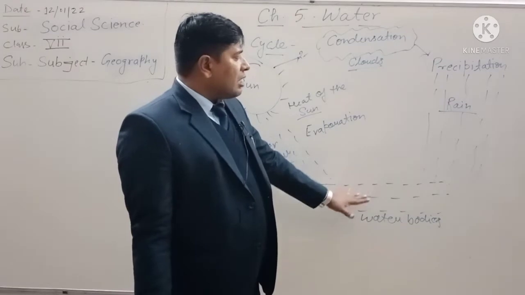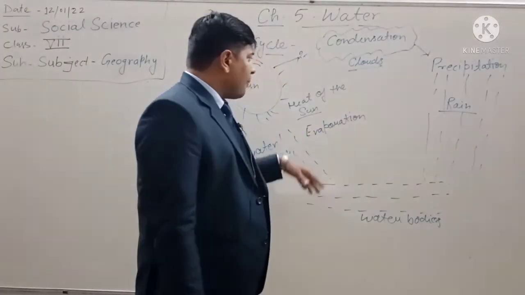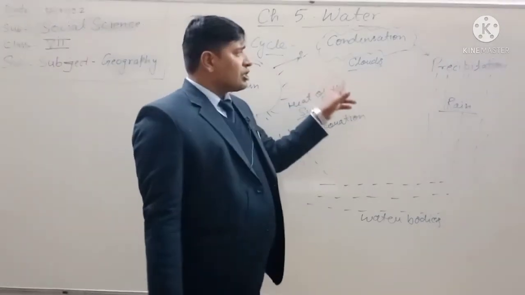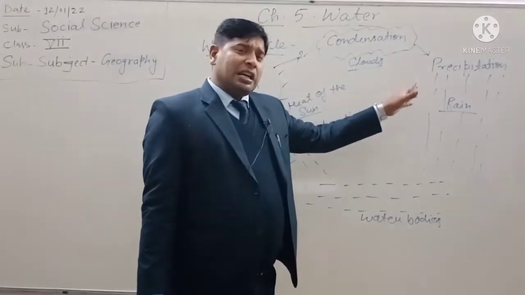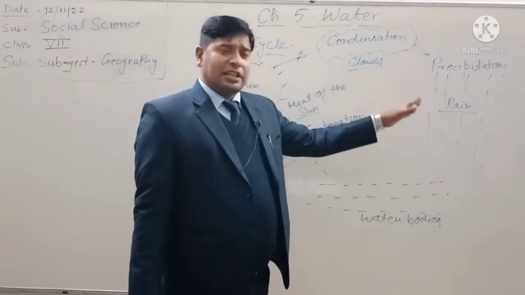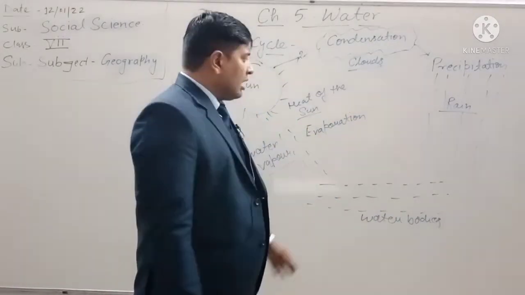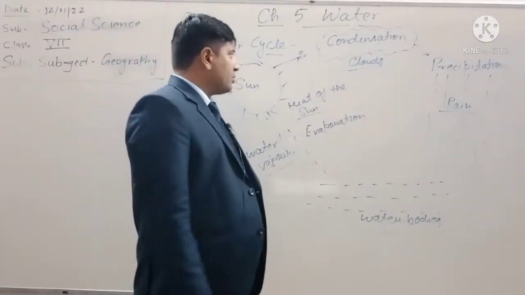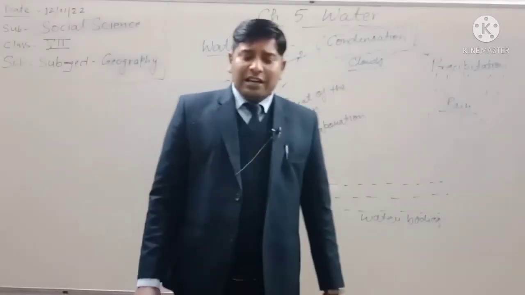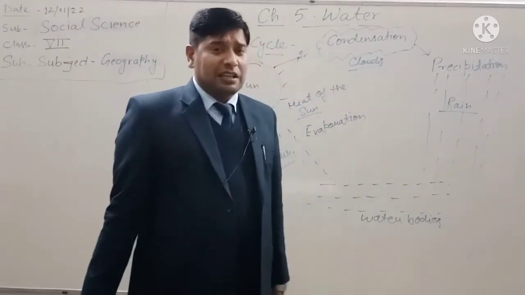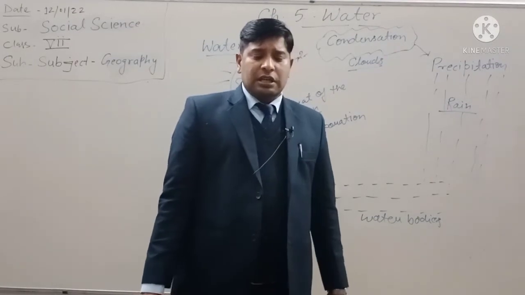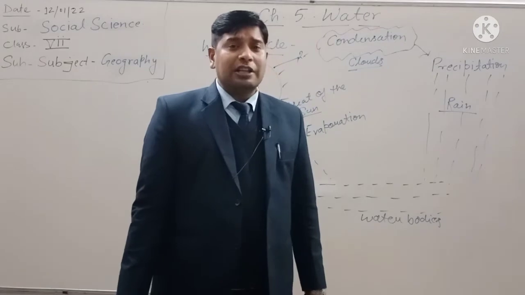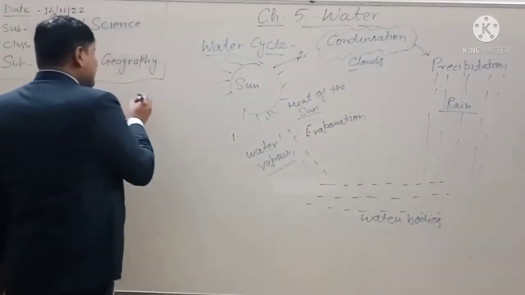Students, we have seen that the process starts with evaporation, then condensation, and then precipitation in the form of rain. Then the water cycle is complete. Students, what is the water cycle?